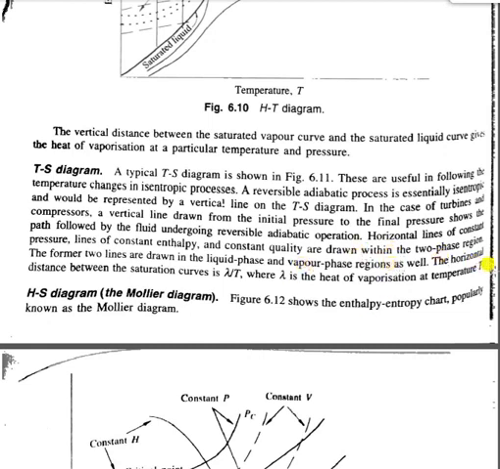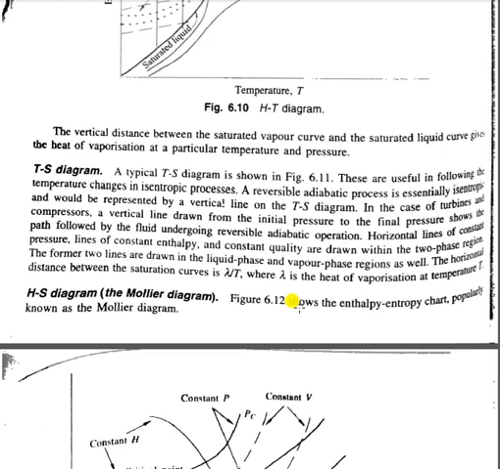The horizontal distance between the saturation curve and the saturation vapor, liquid vapor and vapor phase, and the horizontal between the saturation curves, that means, the example is given: water at 20 degrees Celsius will be in the form of liquid, but the saturation form is that water at 100 degrees Celsius is in vapor form.